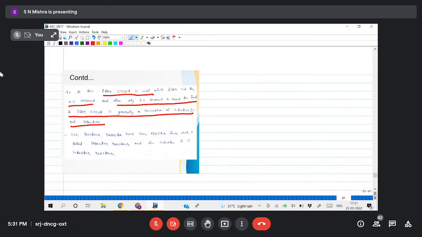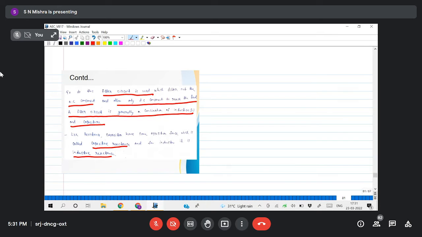Impedance means the combination of all these; when inductor, resistor, capacitor are there, the effective resistance of all the components combined is called impedance. And particularly for a capacitor we say capacitive reactance, and for an inductor inductive reactance.